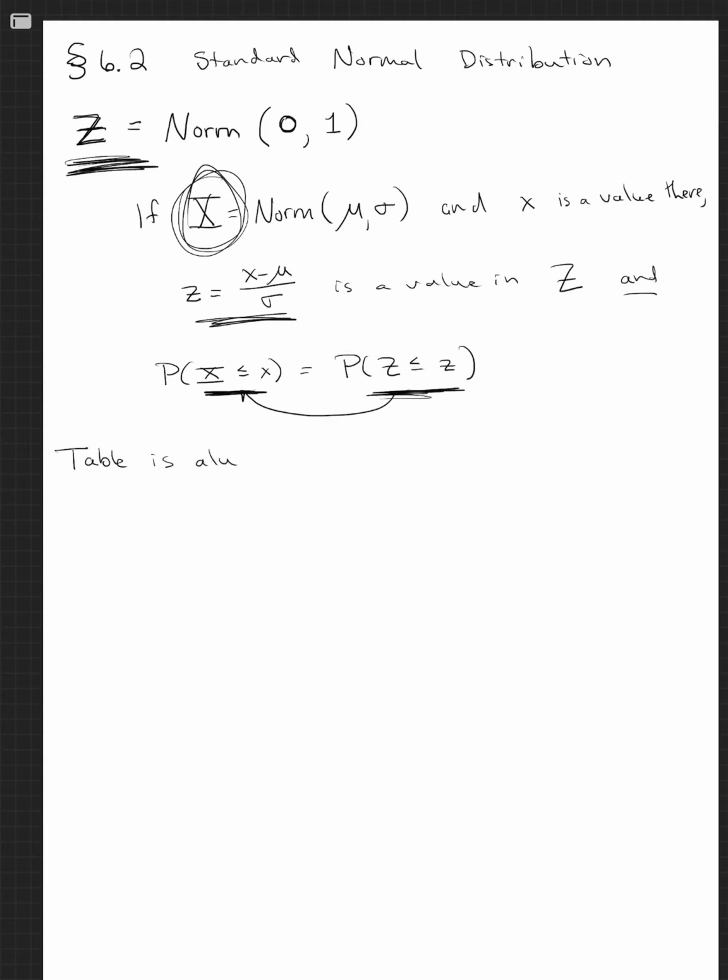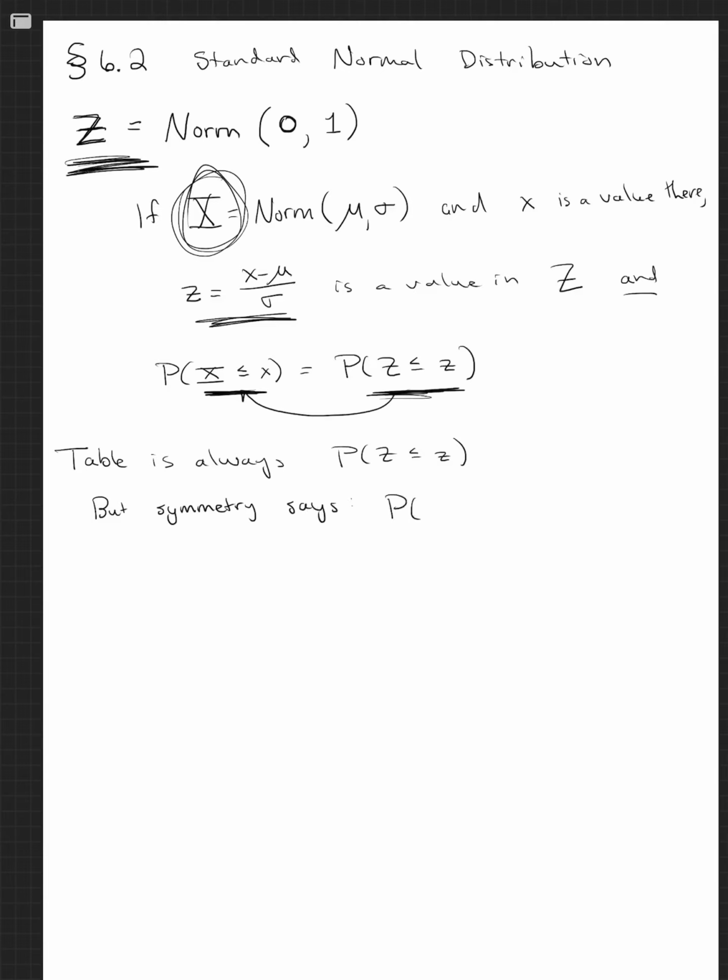So there are some caveats about our table that we'll go over briefly. The table is always the probability that z is less than little z. At least most of the tables that I've ever seen, they could always do a greater than table, but I've always seen them as being less than.